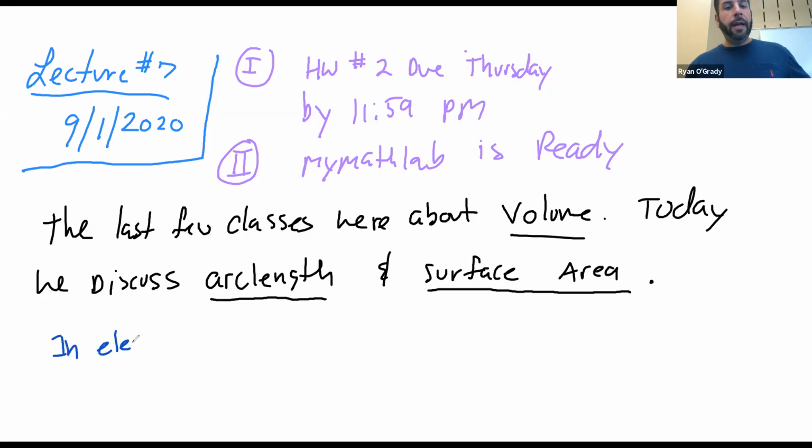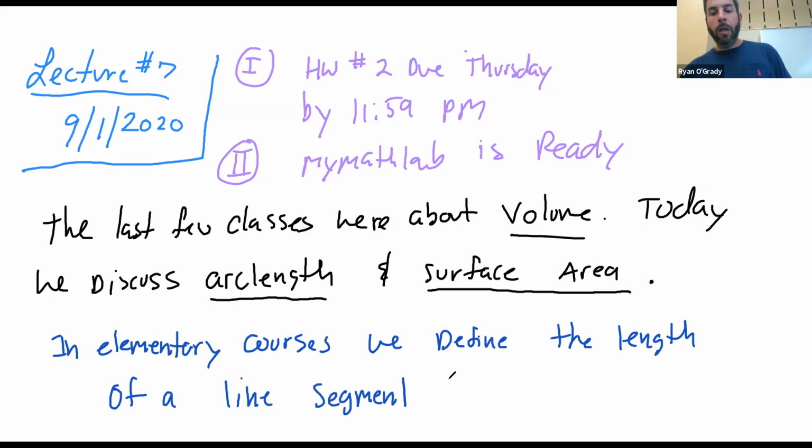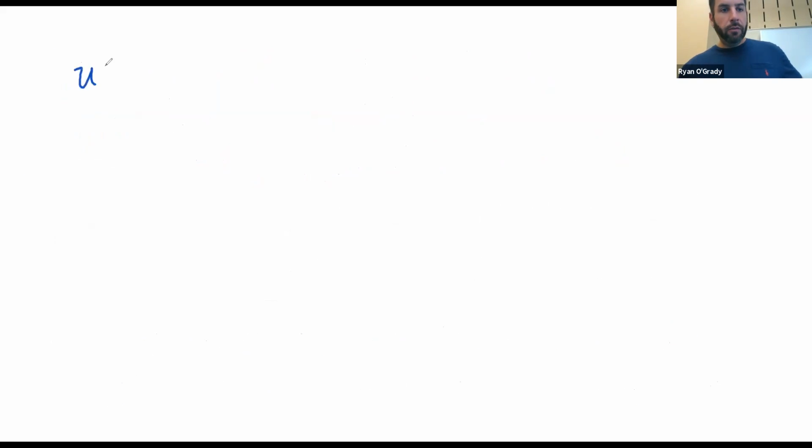So in elementary courses, we define the length of a line segment in the plane using what's called the distance formula, but it's really the Pythagorean theorem.